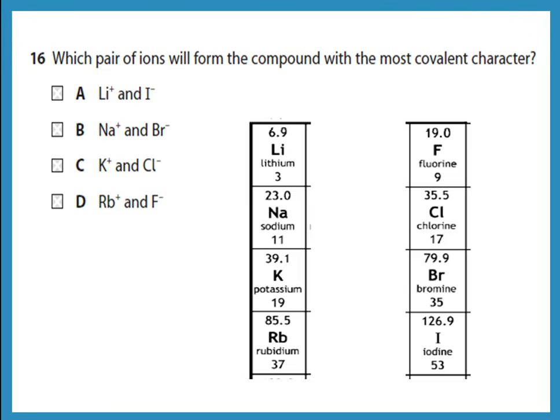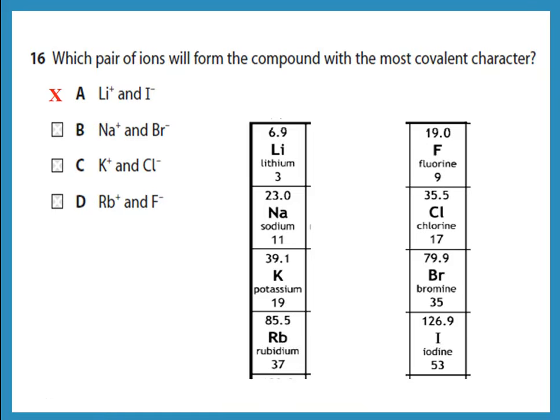So in group 7, iodine will be a less reactive non-metal. So lithium with iodine would be more likely to have some covalent character. But if we have a reactive metal and a very reactive non-metal, they will tend to form more ionic than covalent character.